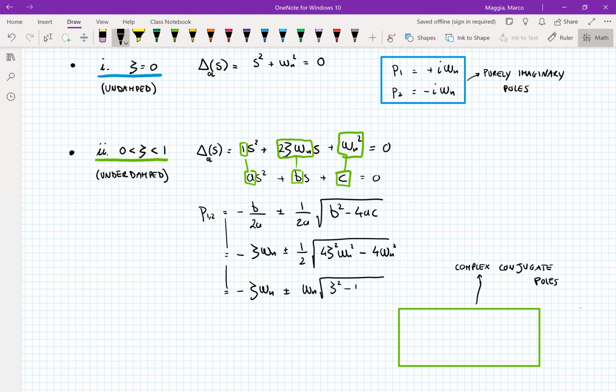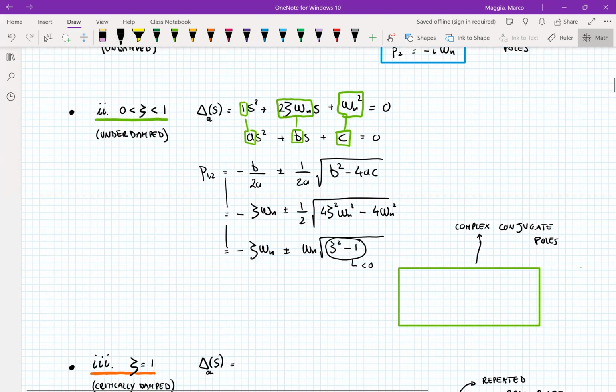zeta squared minus 1. Since zeta is between 0 and 1, zeta squared is also going to be between 0 and 1. And so if we subtract 1 from a number that is between 0 and 1, we find a negative number. So the argument of this square root is negative. Therefore, we're going to end up with complex conjugate numbers when it comes to the poles.